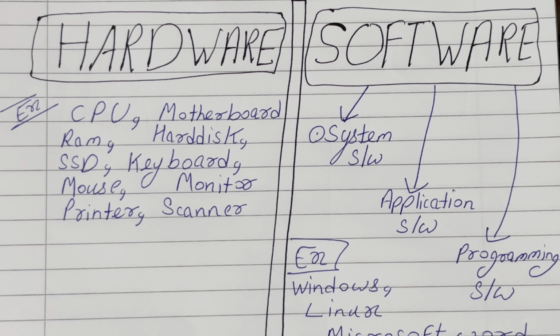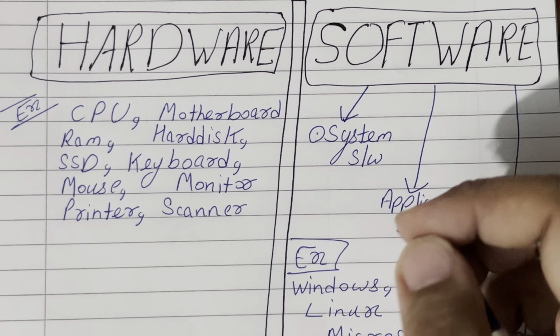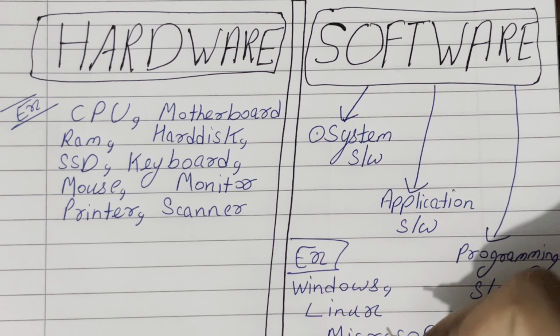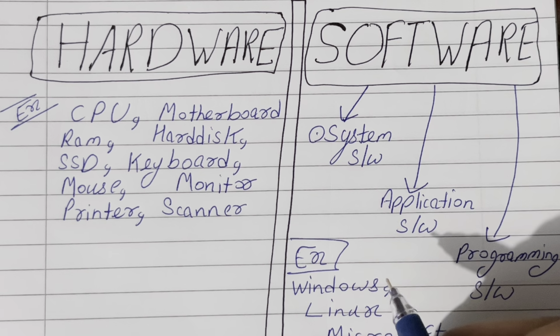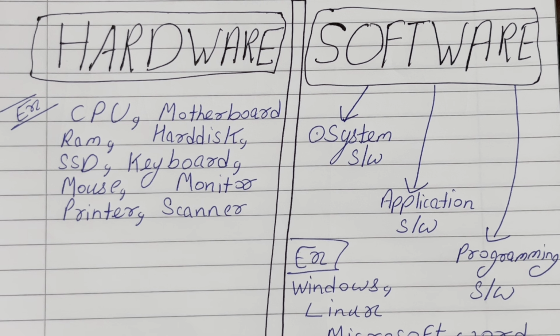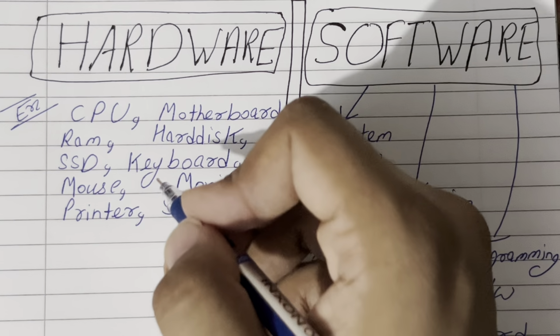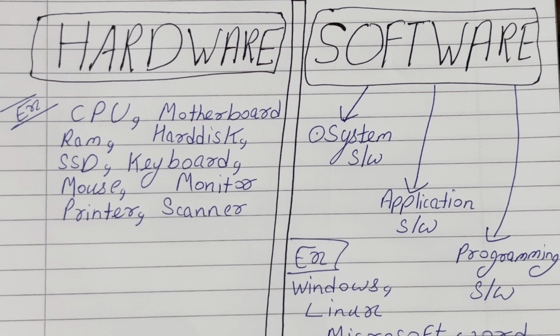So in simple words, it includes electronic, electrical, and mechanical components which help the computer to accept input, process data, store information, produce output, and communicate with other devices. Hardware can be located inside the computer, such as the CPU, motherboard, RAM, and storage devices, or it can be connected externally, such as the keyboard, mouse, monitor, printer, and scanner.